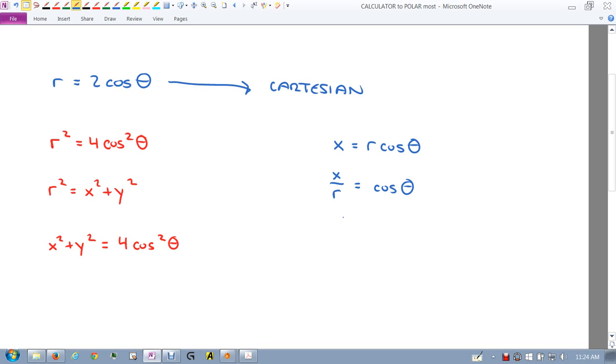So I could say from this equation up here that r equals 2 times x over r, or r squared equals what?